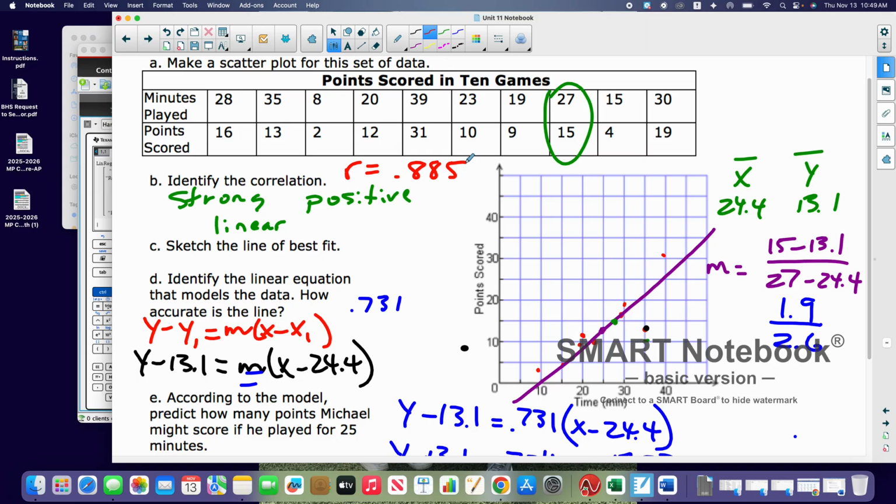Does that go along with it? Is it a positive number? Yes, it is, because if it was a negative correlation, it would have a negative R value. It is pretty strong. That's 89% or 88.5%. That's pretty good. And so it kind of verifies what we were thinking a while ago.